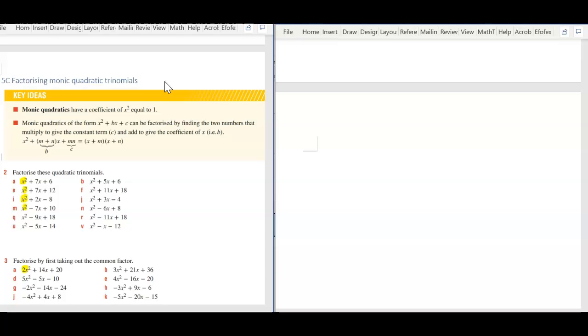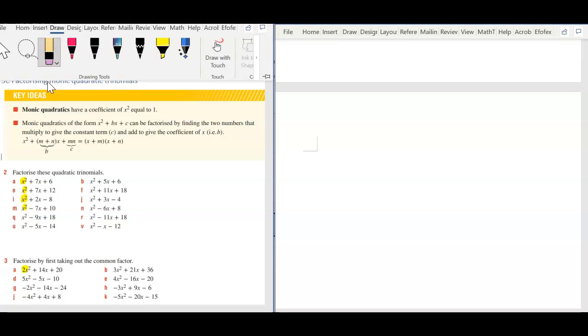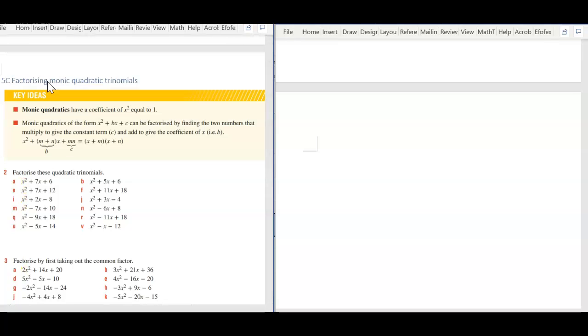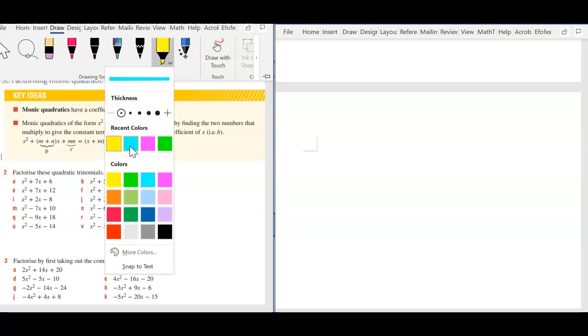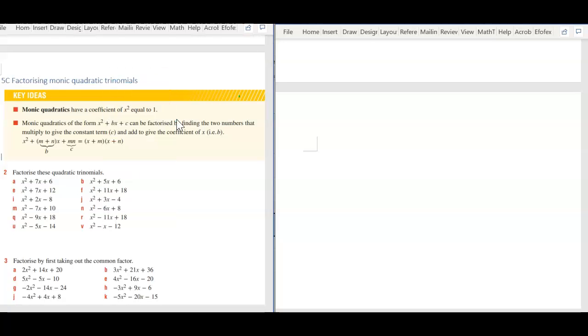And then in 5D, we're going to be doing non-monic, so your coefficient of x squared is something other than 1. Now, when you're factorising monic quadratics, you basically need to follow the rule in the second dot point of our key ideas.